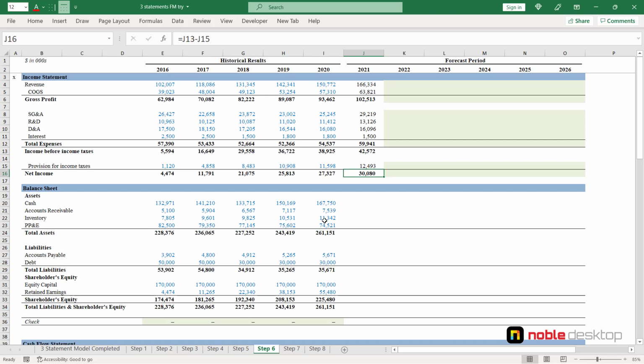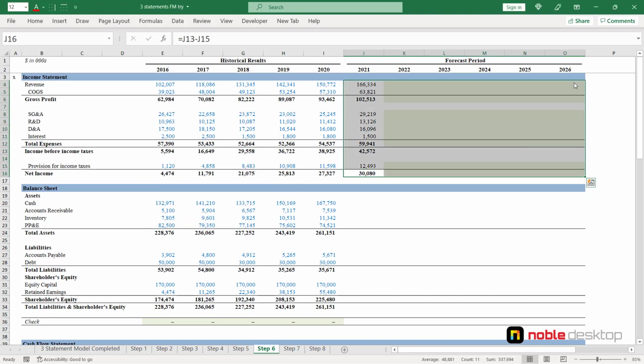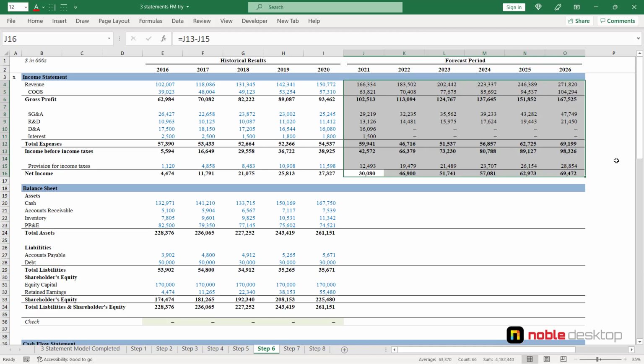With F5, function 5, go to window, and I'm going to put in the reference the cell to which I'm going to highlight the range, which is O4. Then with Shift Enter, I will highlight the whole range, and with Control plus R, I'm going to fill it all to the right.